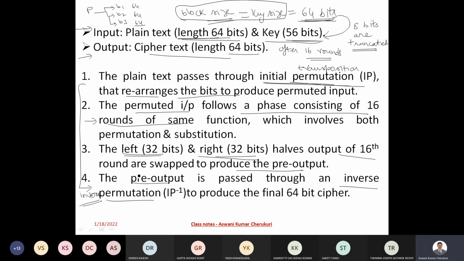Imagine that the 40th bit location was changed to the first bit location; the inverse of it is that the first bit in the pre-output would go to the 40th bit location. So that is the ciphertext. Is that clear?